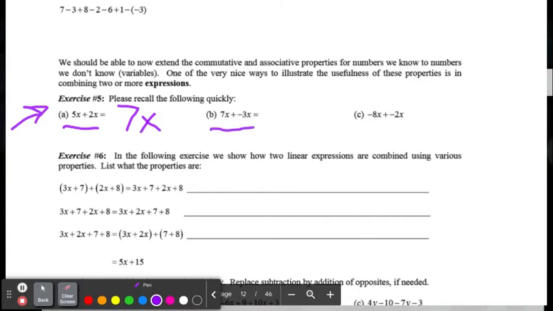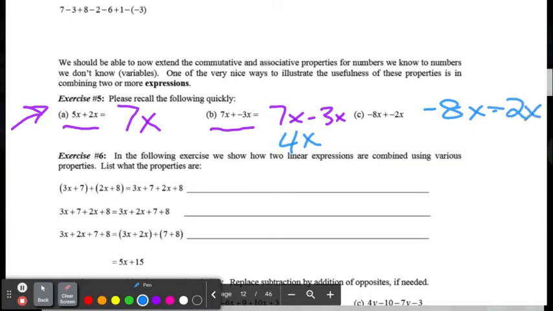Now here, 7x plus negative 3x. First of all, I hate when there's two signs next to each other. If you have plus and negative, it is the same thing as just minus. 7x minus 3x. And 7x minus 3x is 4x. Okay? So like I said, two signs next to each other, you can take out the plus sign. So for part C, we have negative 8x plus negative 2x, same thing as negative 8x minus 2x.